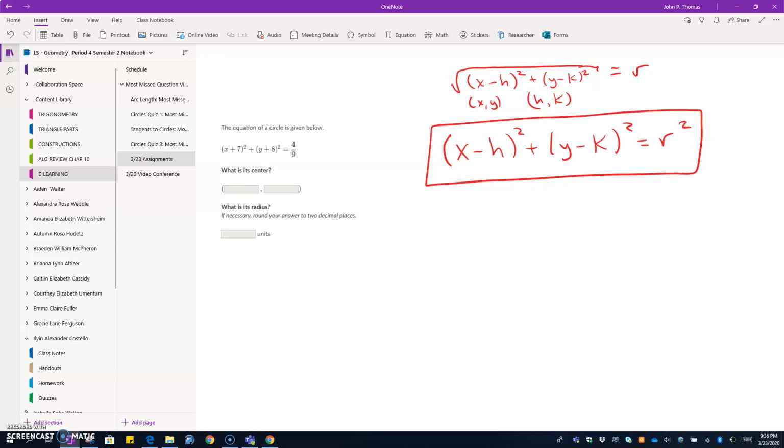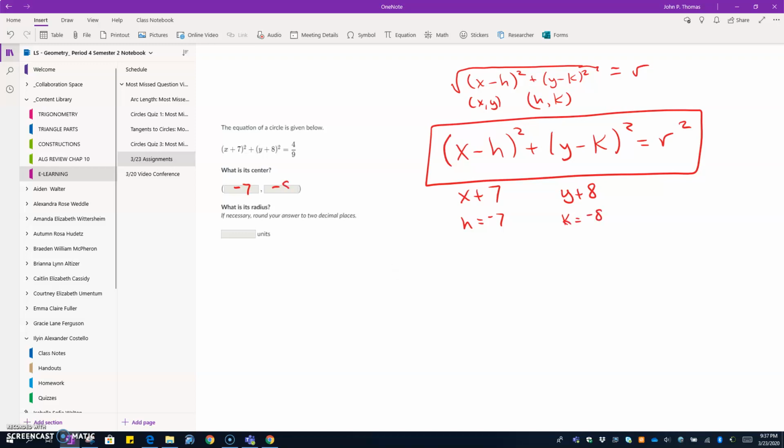So really, it's just a matching game at this point. We have x plus 7 in this first spot. That means that the h value would need to be a negative 7 to match up. So I've got an x coordinate of negative 7. In the equation they gave us, they had a y plus 8 right there. So that means that the k value would have had to be a negative 8 to make that a plus sign.